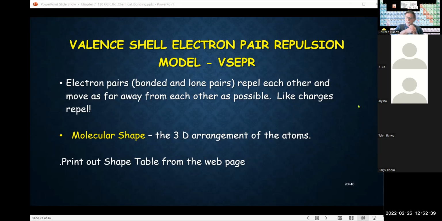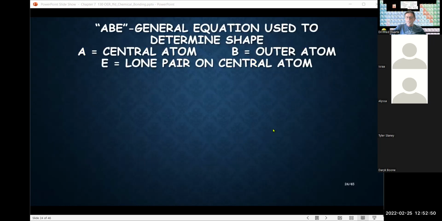They have a negative charge and negatives repel, so they move around to get away from each other, and that results in the particular molecular shape. Your shapes table has that shape.